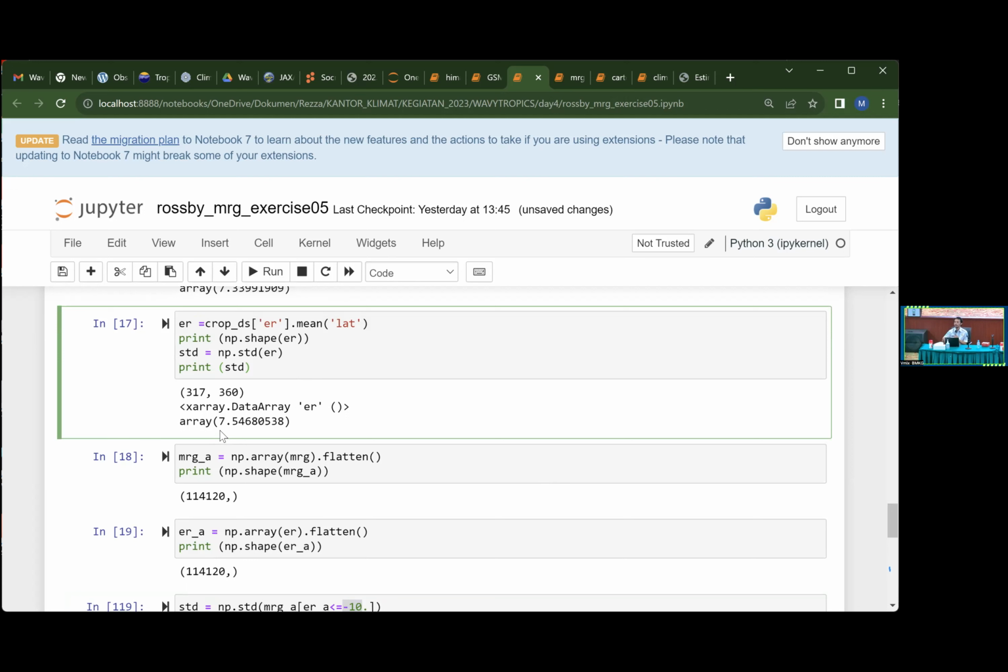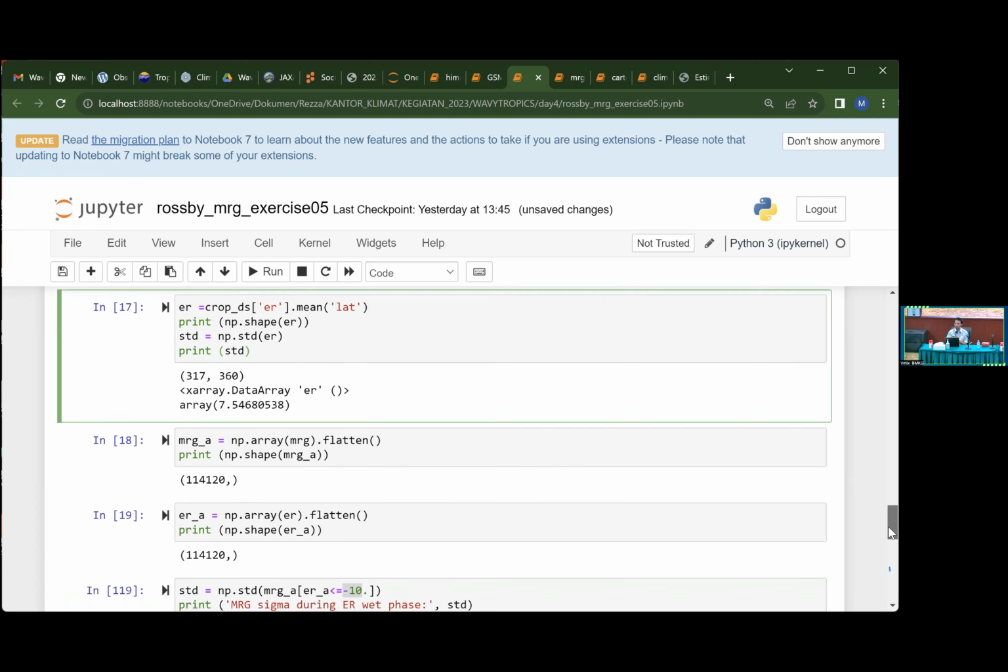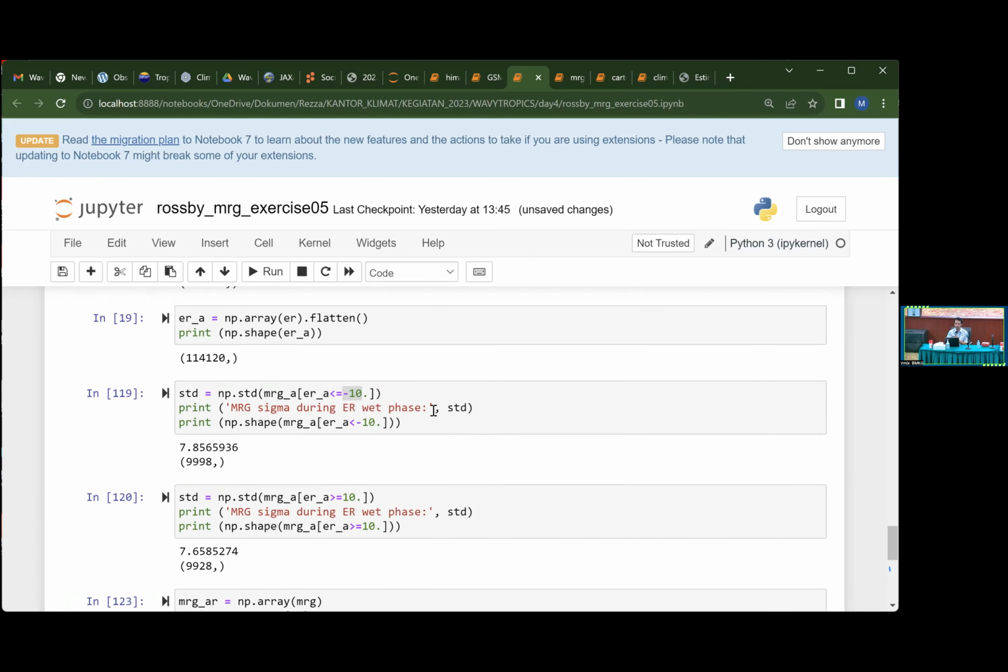Minus 10 is for the Rossby active or wet phase, and positive 10 is for the dry phase or the inactive phase. So we calculate the sigma for MRG during the Rossby at this threshold.